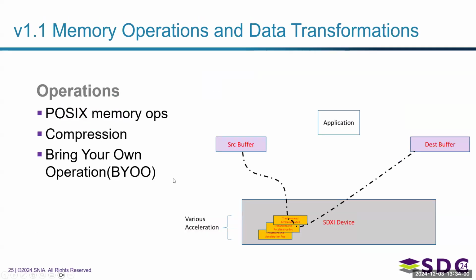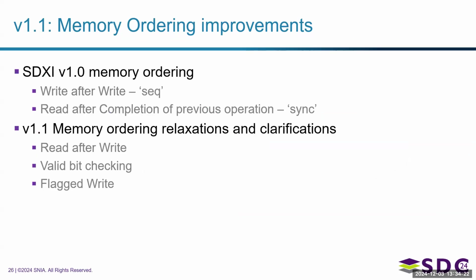This is one example that has certainly been added to 1.1, which is all the POSIX style memory ops. Let's say, for example, you wanted to fill a large buffer of memory, or do some kind of simple POSIX style memory ops with that. Some additional stuff that has been worked on for 1.1 is that we had a big hammer in the form of 2 memory ordering bits.